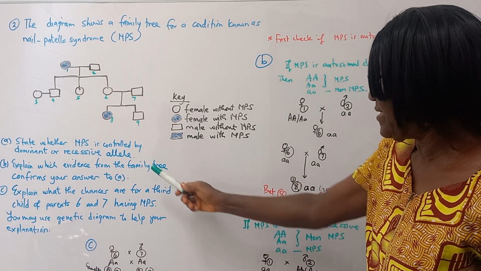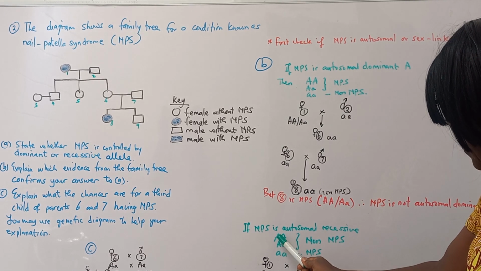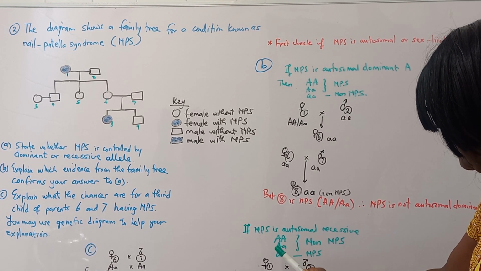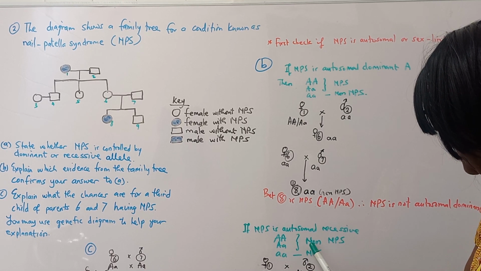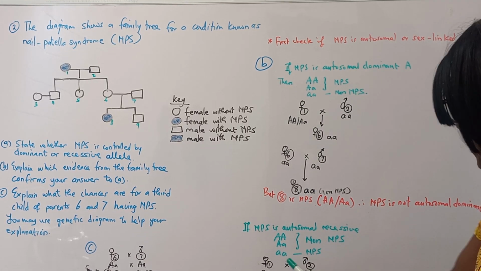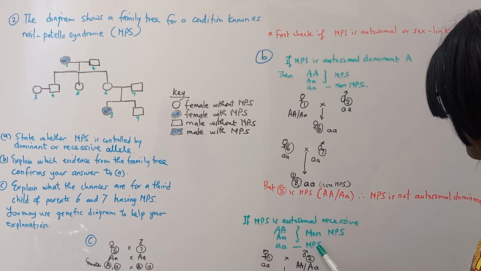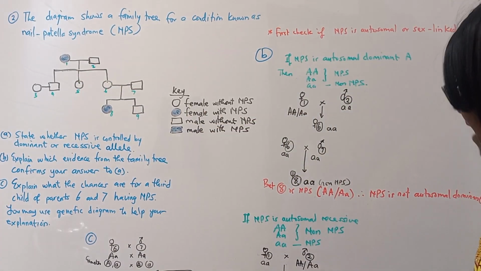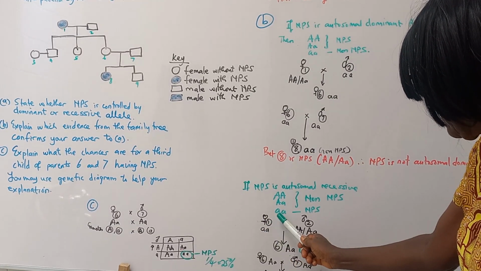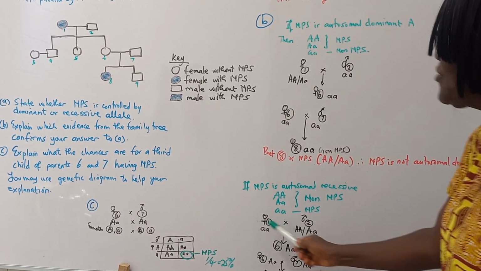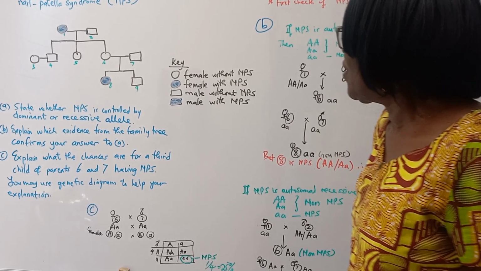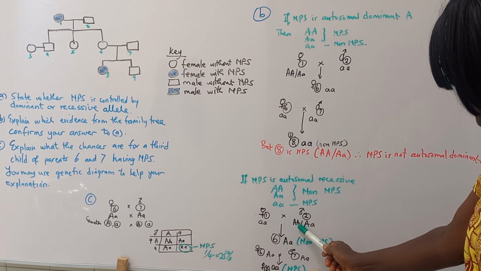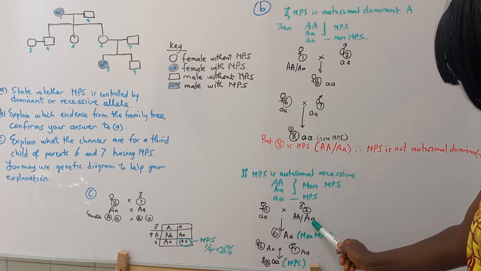So if NPS is autosomal recessive, then big A or big A small a is non-NPS and small a is NPS. Therefore, individual 1, which is NPS, is small a here. And individual 2, which is non-NPS, is big A or big A small a.